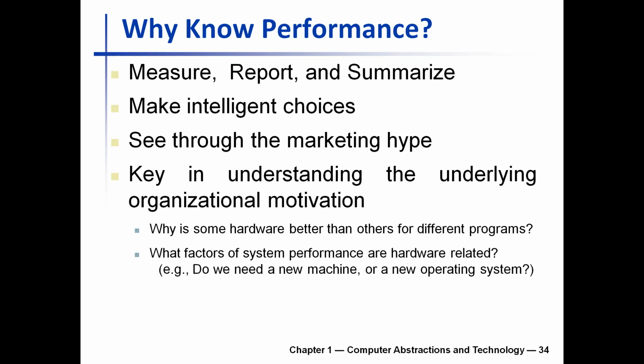What factors of system performance are hardware related? Now we know that performance is discussed at different levels, at different scales, and they are connected, right? So which factors of performance are related to the actual hardware, and which are related to the software? You would need to know that. Unless you know that, you can't figure out how to improve performance using software solutions or hardware solutions.